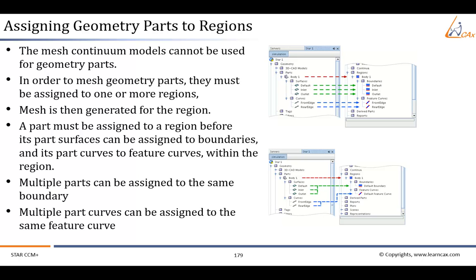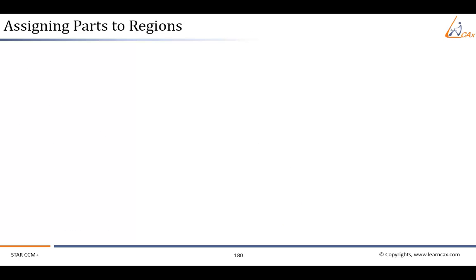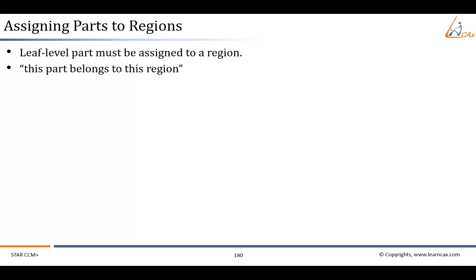Before a leaf level part can be used in the meshing process, it must be assigned to a region. A bidirectional relationship exists between parts and regions. You can say that this part belongs to this region, or this region is composed of these parts.